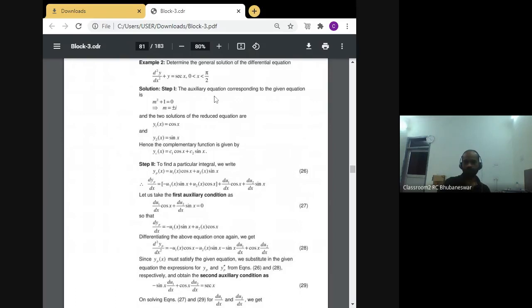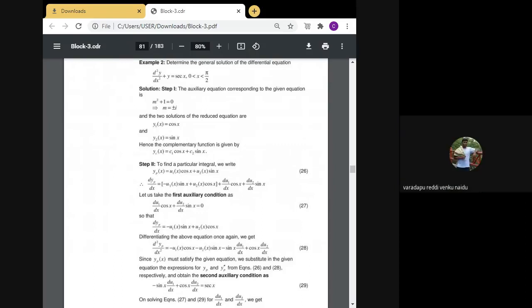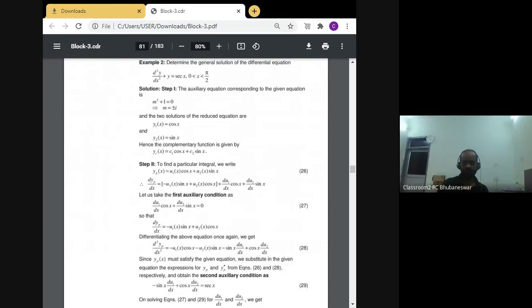As we know, whenever we have a non-homogeneous differential equation, we have two solutions. First is yc, and then we have to calculate yp. yp is the solution known as the particular integral, and yc is known as the general solution, or complementary function.